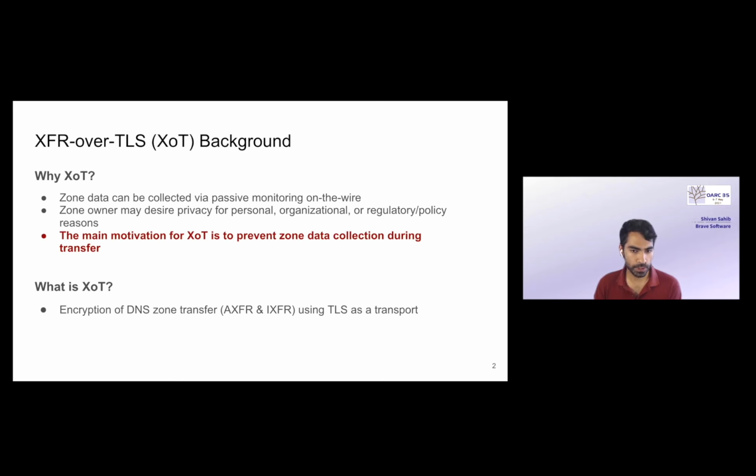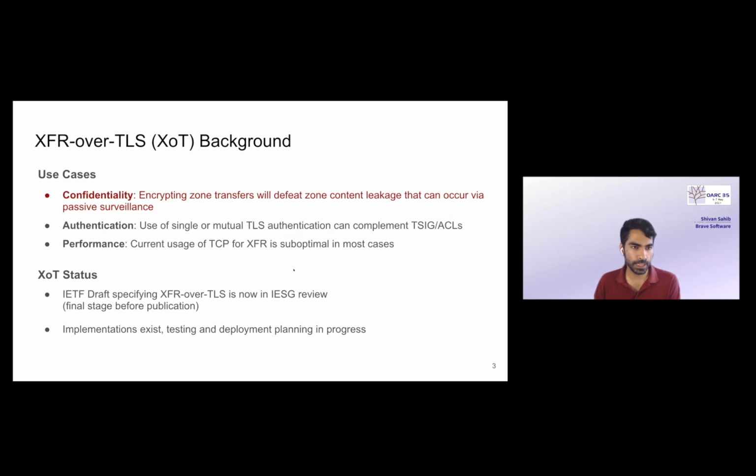Our proposal is encrypting DNS zone transfers, both AXFR and IXFR, using TLS as a transport. The use cases are confidentiality, so putting it over TLS would defeat the zone content leakage problem.